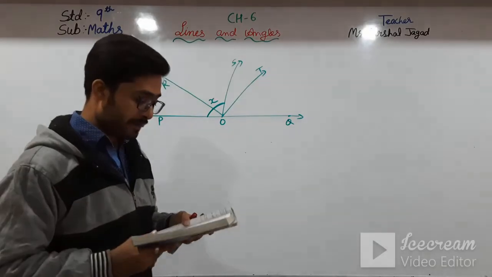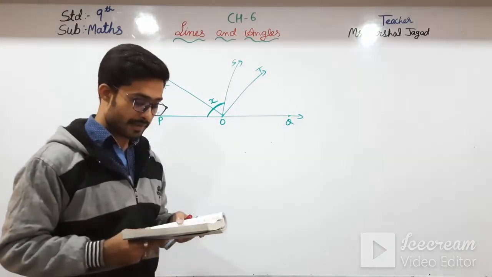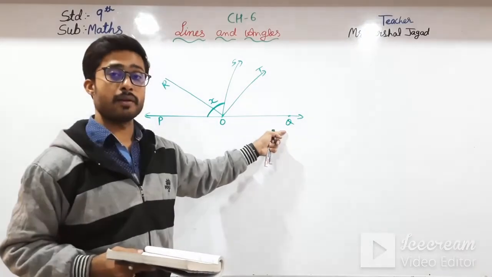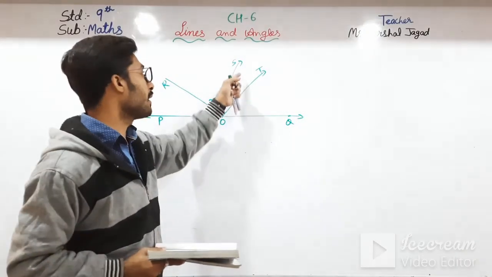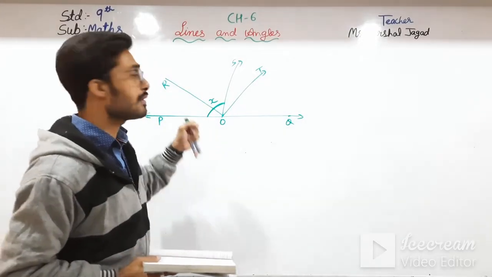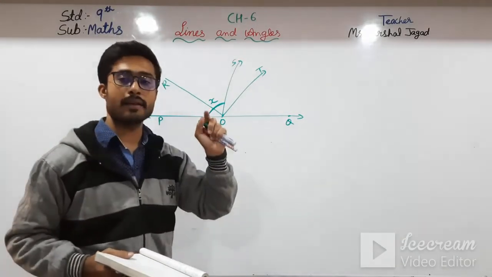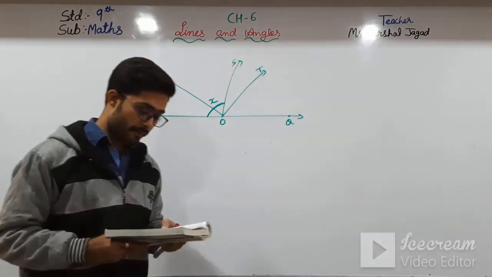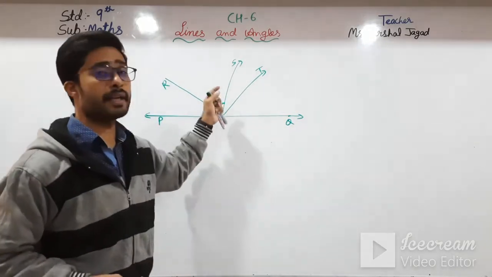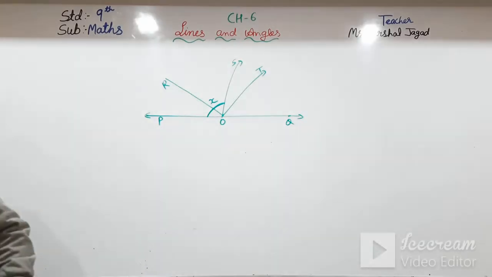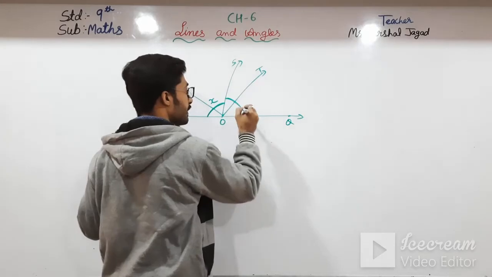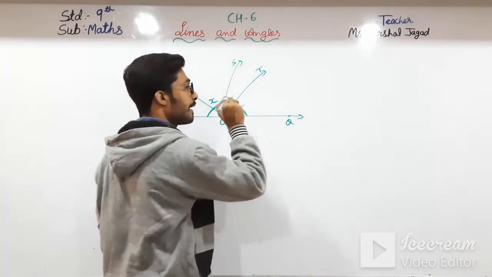Now angle POS is equal to X. Then angle SOQ, what do we have to find? So angle SOQ is equal to 180 degree minus X. And then as ray OR is a bisector, it is half of it. See here, they have made a sign that this angle and this angle are same.